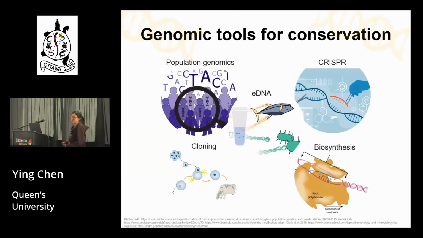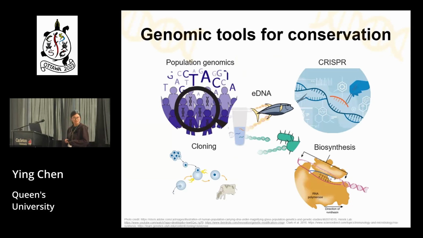And the good news is that we now have many tools to conserve species. Some examples include population genomics that will identify genetically distinct populations for management, as we have heard in a few talks, and we'll hear a few more. Environmental DNA or CRISPR tools to detect species and biodiversity across landscapes, as mentioned by Madeleine's studies.